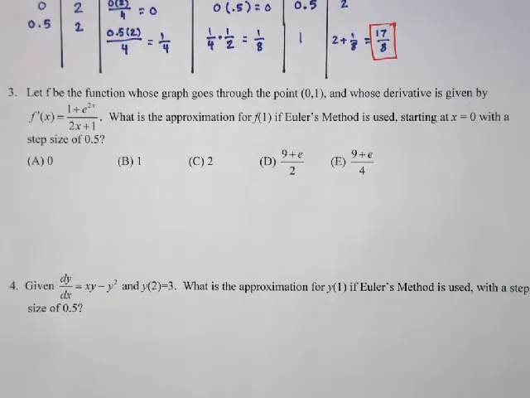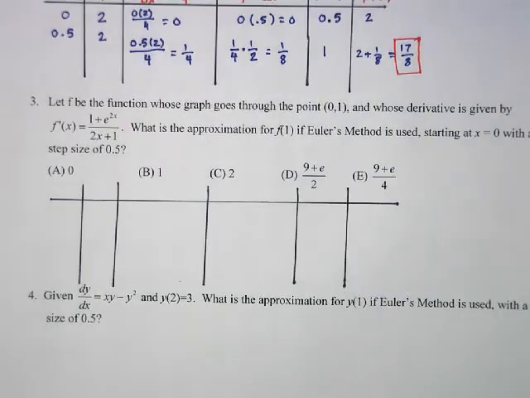Okay, our next example. Let f be the function whose graph goes through the point 0, 1 and whose derivative is given by f prime equals 1 plus e to the 2x over 2x plus 1, and f prime is just the same as dy/dx. What is the approximation for f of 1 if Euler's method is used? Again, we're going to start at 0 with a step size of 0.5. So I'm going to make my chart.